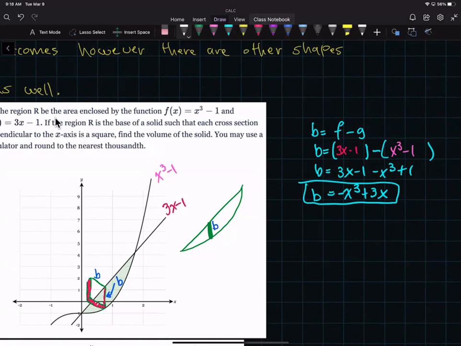So all of these questions are in terms of x, but just in case you're wondering why did I go into x, it's because it's perpendicular to the x-axis. So they're being stacked on the x-axis. All right, so then A is equal to B squared. So A is equal to negative x cubed plus 3x squared.